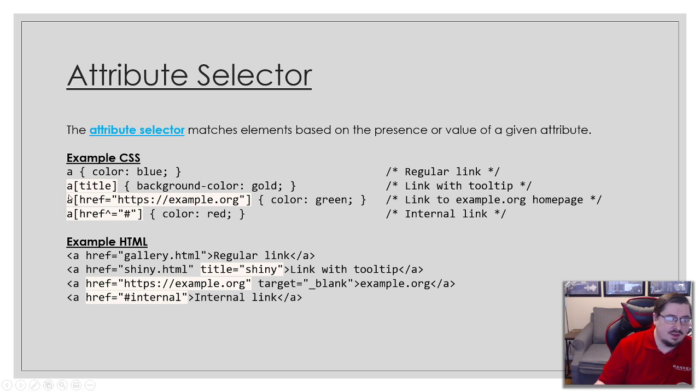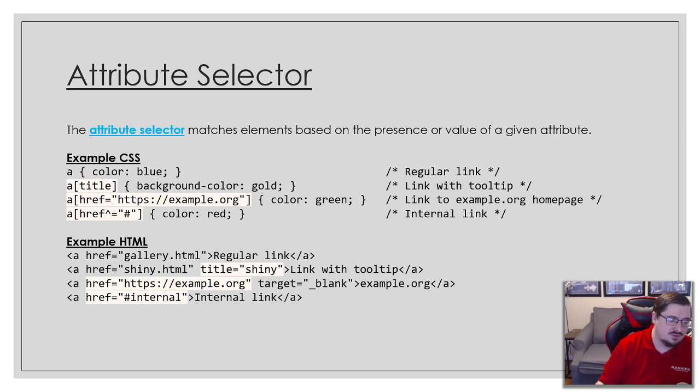Similarly, I might say, okay, let's take the ones that have an href that starts with hash, which would be most, if you're linking within a page, you're going to start that with hash. So this is linked to, rather than taking you to another page, remember links of this type take you to that particular point in the page.